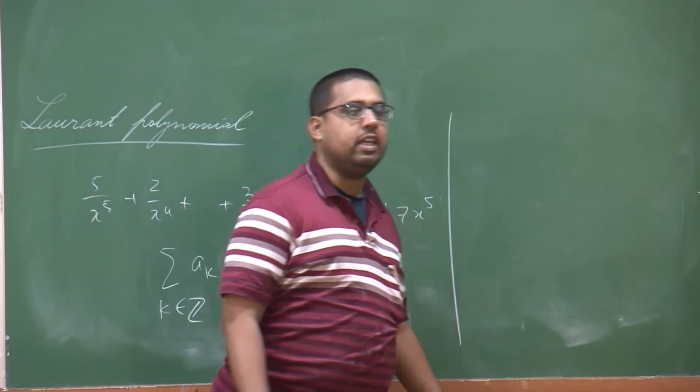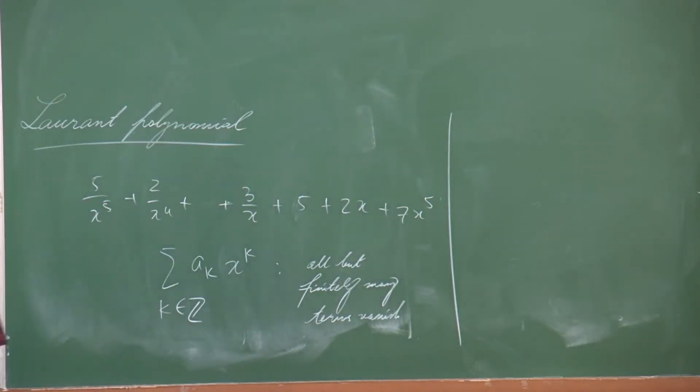That is called the ring of Laurent polynomials. We start with polynomials, then from that we went to power series, and now from Laurent polynomials we will be leading towards Laurent series.